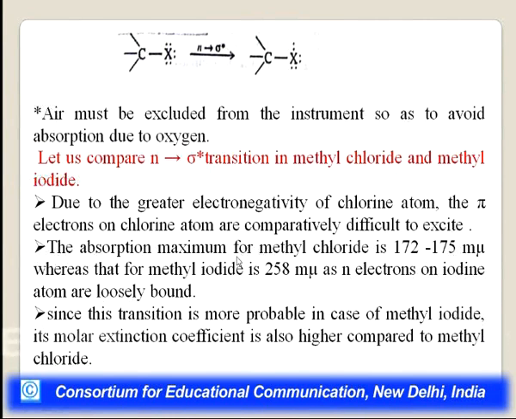The absorption maximum for methyl chloride is 172 to 175 millimicron, whereas that for methyl iodide it is 258 millimicron, as the non-bonding electrons on the iodine atom are loosely bound, or we can say it has lower electronegativity. Since this transition is most probable in the case of methyl iodide, its molar extinction coefficient is also higher compared to methyl chloride.